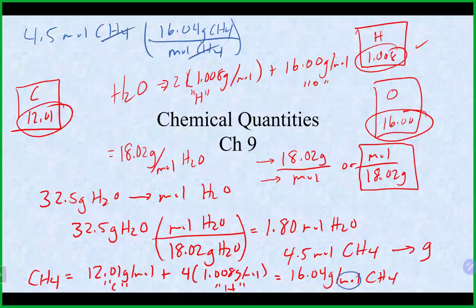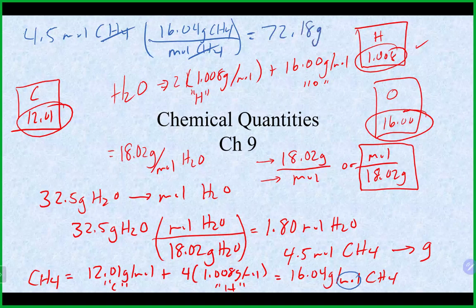The moles are going to cancel, and that would get us 72.18 grams of CH4. So those two conversions, going from grams to moles, and moles back to grams, are used tremendously a lot in these calculations in this chapter where we do stoichiometry.